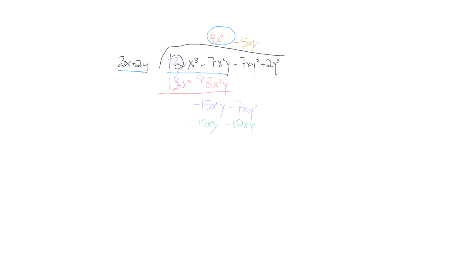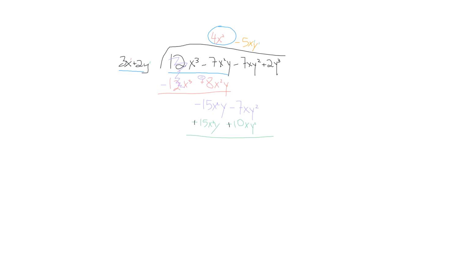I'm going to change the sign of everyone on the bottom. So if this is a minus, it's now a plus. This is a minus, it's now a plus. I'll add these two together. Negative 7xy squared plus 10xy squared is the same as 10 minus 7.